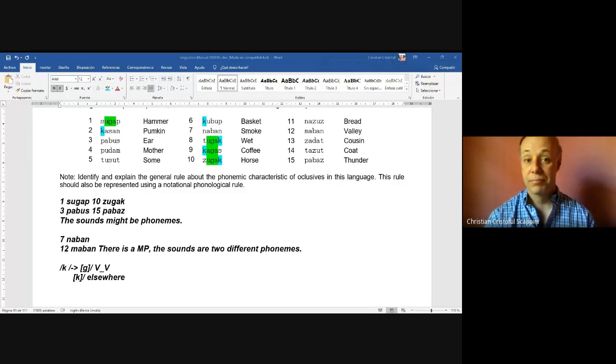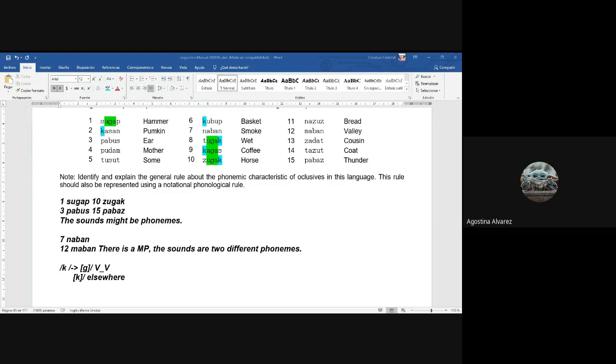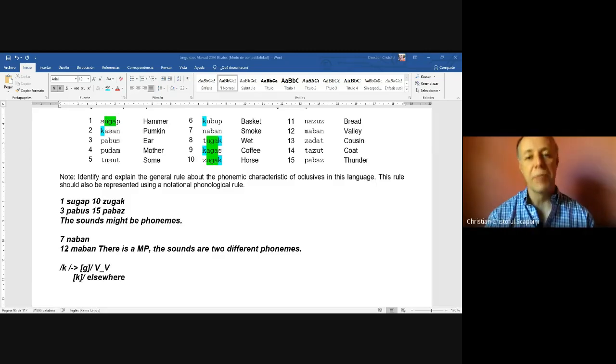Question? Professor, if we find subminimal pairs, is it okay if we just stop there, or is it advisable for us to keep looking for complementary distribution? You stop there, because minimal pairs are definite. You are 100% sure that the sounds are phonemes.